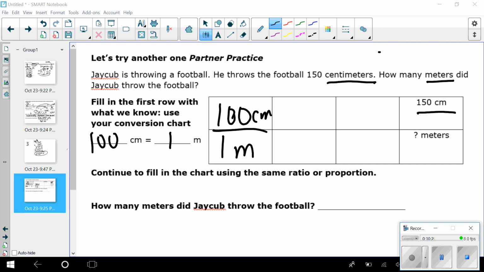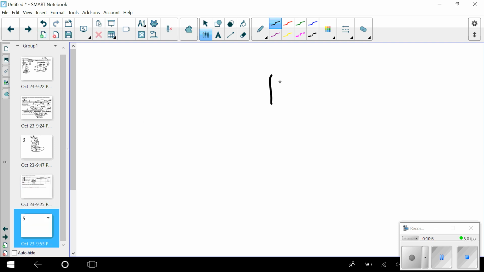We can work on finding the relationship from meters to centimeters. What's the relationship between 100 and 150? Or by dividing, right? Because I would need to think about this is 150. How do I get from 150 to 100? Well, I would divide, right? And you can do that by doing this.